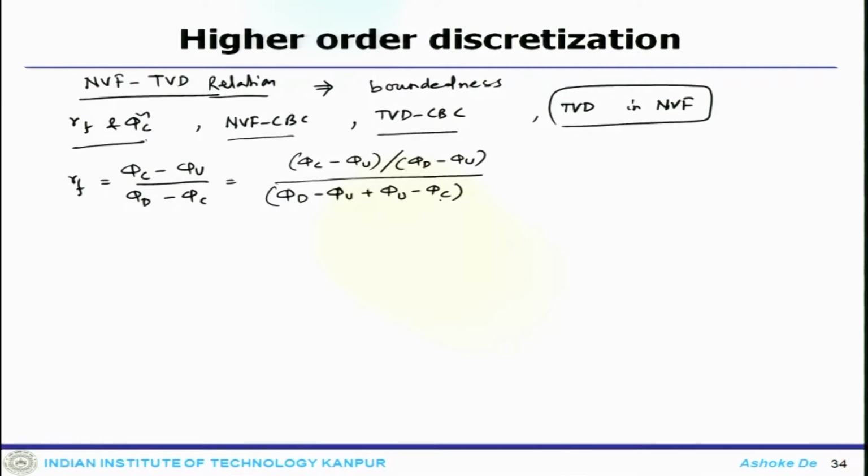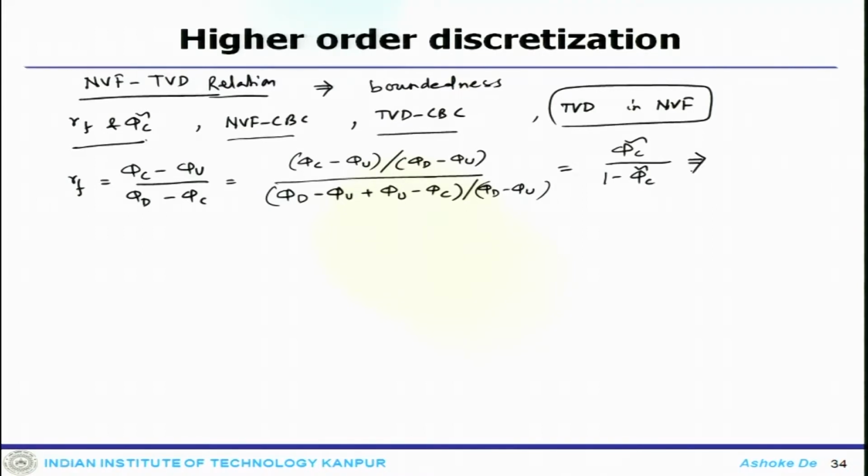So, what it does is divide both numerator and denominator by phi d minus phi u, which will cancel out, and also in phi d minus phi c you add phi u and then subtract the same amount. So, it is an algebraic manipulation which will lead to phi c tilde by 1 minus phi c tilde.